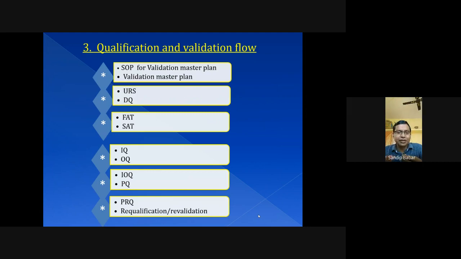That validation master plan will have the validation policy: what it includes, what equipment needs to be qualified or validated, and at which stage or up to which stage it needs to be qualified and released for use. So this is the flow of the qualification: first the validation master plan will be prepared.